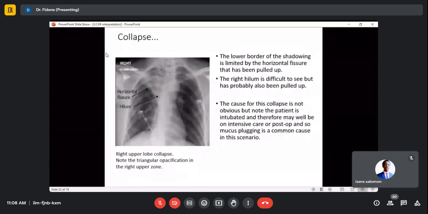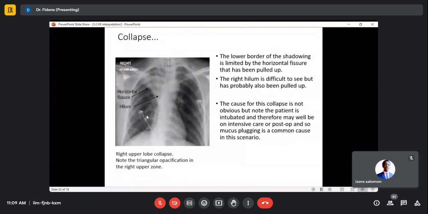Immediately you want to see first if the image is technically good to be interpreted. Like here, the collimation or centering was not good. The inspiration was not good. There was even rotation to the right side. Can you see the tracheal tube here?